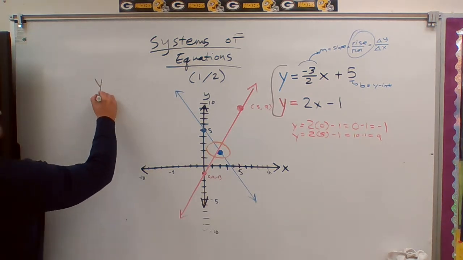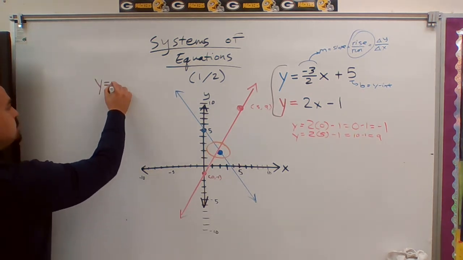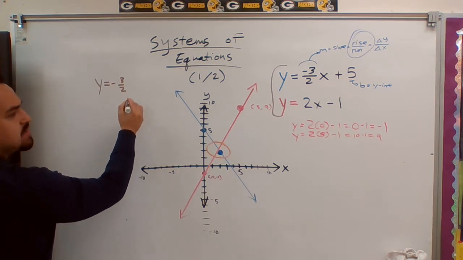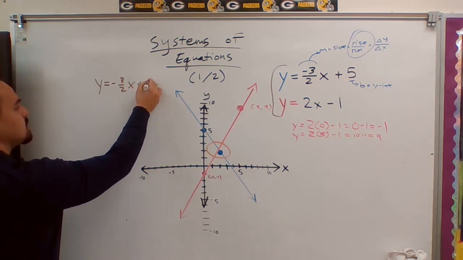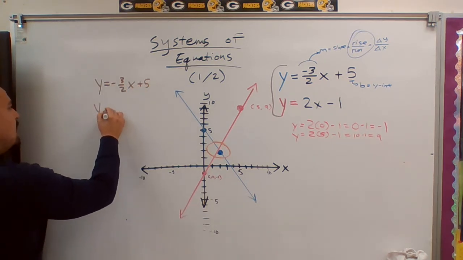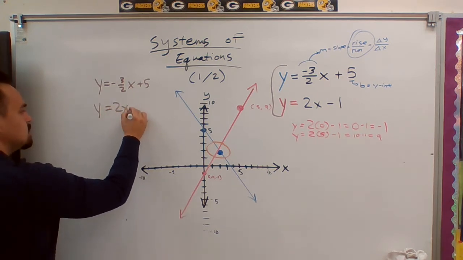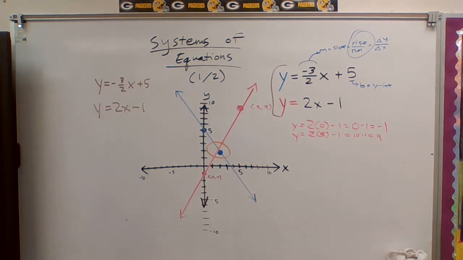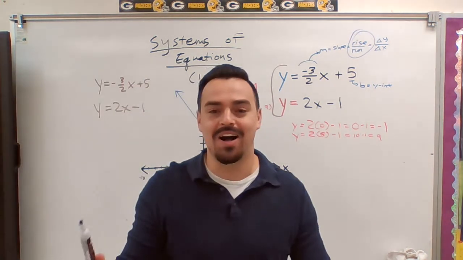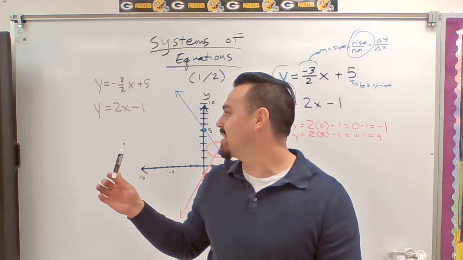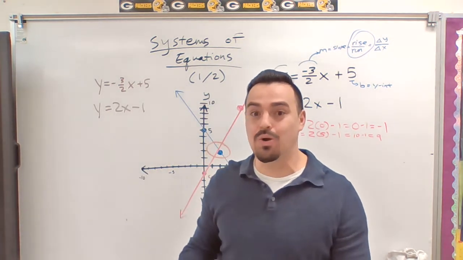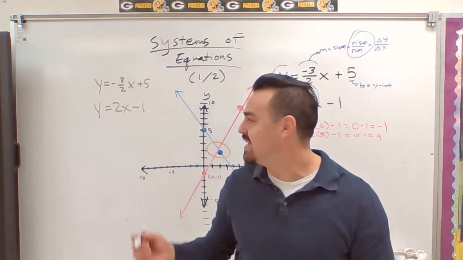So I got y is equal to -3/2 x plus 5, and y is equal to 2x minus 1. Now, let me show you guys a little something. First off, this is a concept that you don't really need to go too far in depth, but I'm still going to mention it.